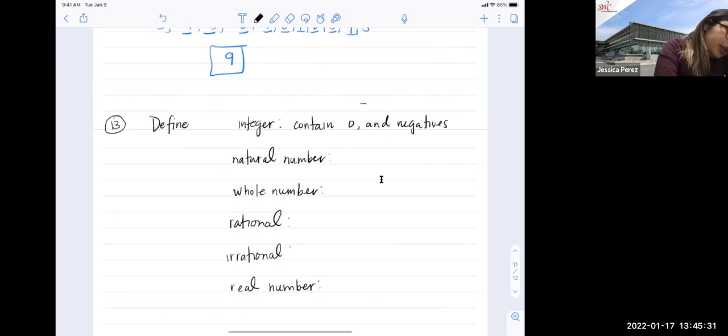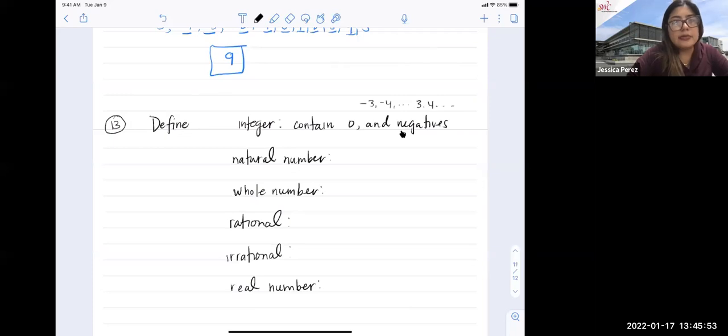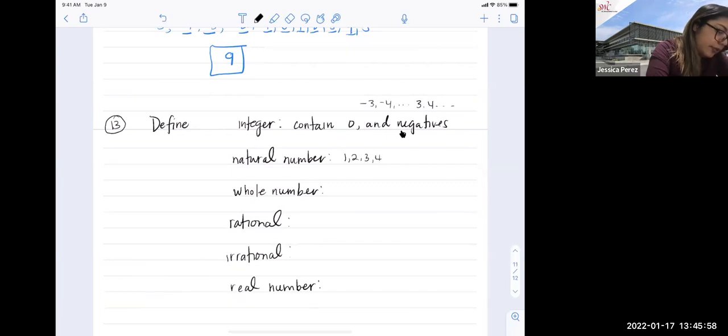So -3, -4, dot, dot, dot, 3, 4. A natural number is different. Natural numbers are 1, 2, 3, 4. These are your counting numbers. Your whole numbers include 0. That's the difference.